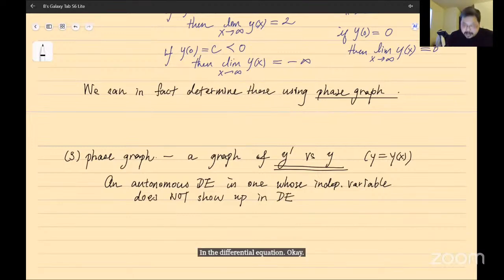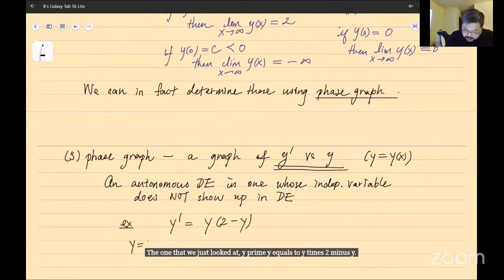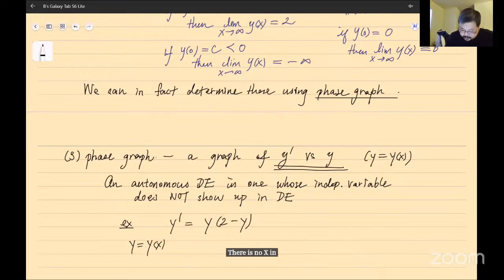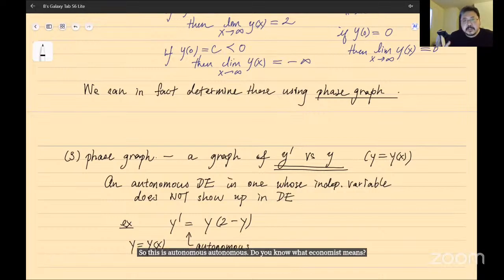So what do I mean by this? For example, the one that we just looked at, y prime equals y times 2 minus y. Here, y is a function of x, but if you look at this differential equation, there is no x in it whatsoever, right? So this is autonomous. Do you know what autonomous means? Autonomous just means itself, dependent on itself.